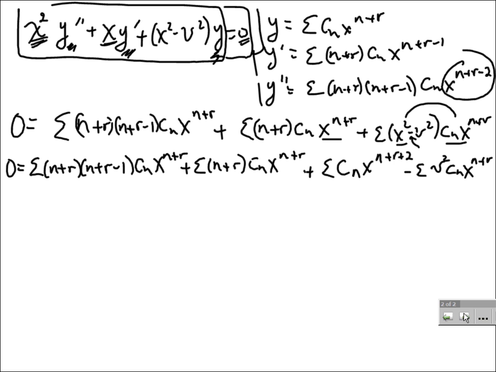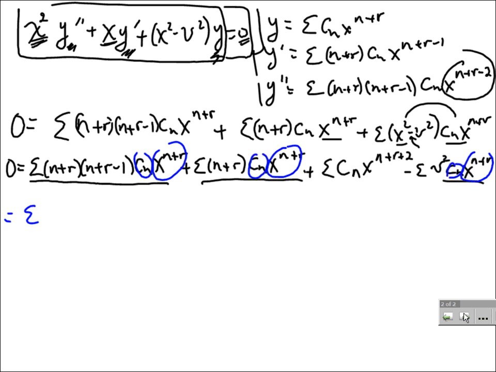Now, the first, second, and fourth of the four summations all have c_n x to the n plus r. So I can write them down as one summation.